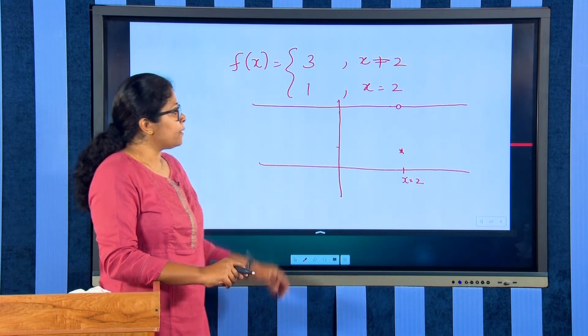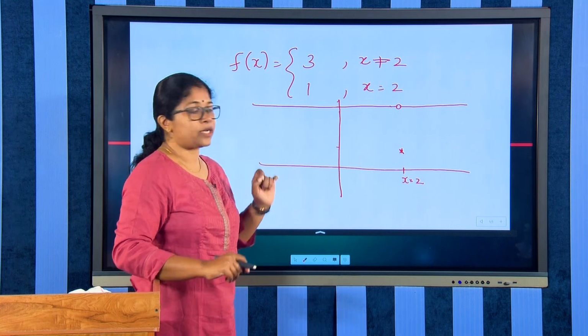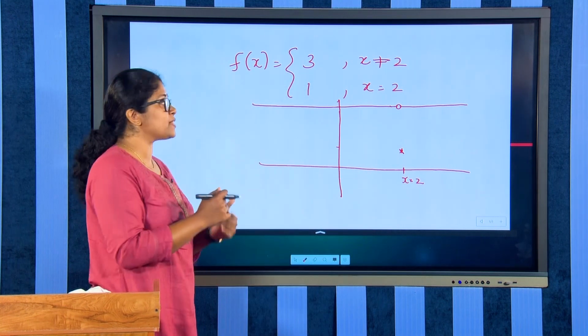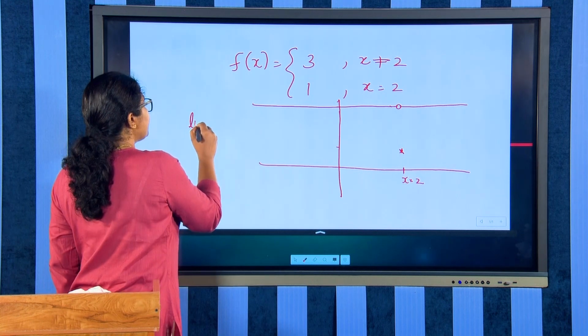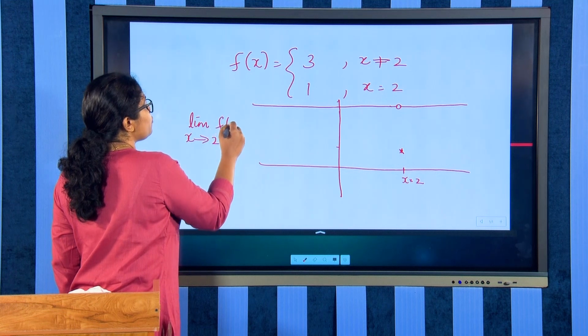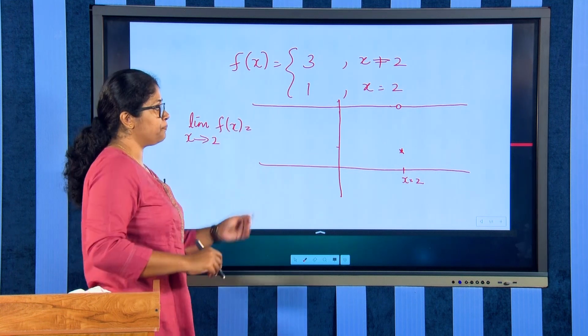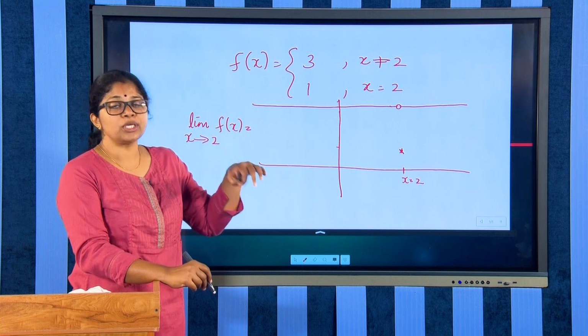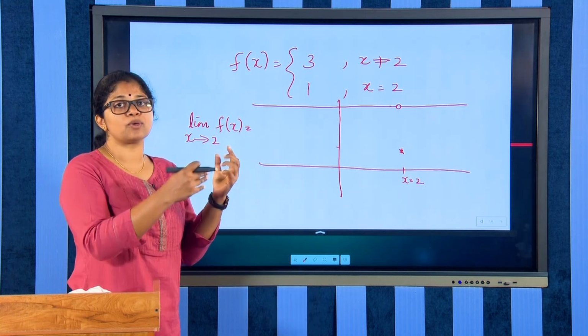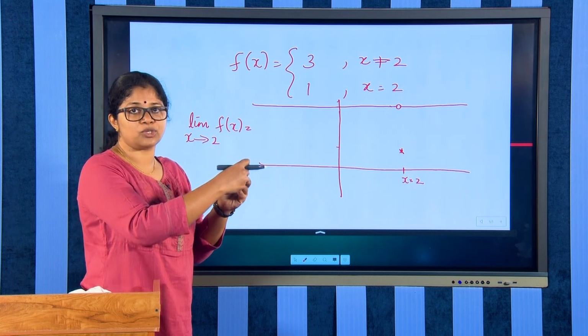But when we look at the limit of the function, the concept of limit itself says: limit as x approaches 2 of f of x is equal to what? So x approaching 2 means x is never equal to the value 2, x is only becoming closer and closer to 2.